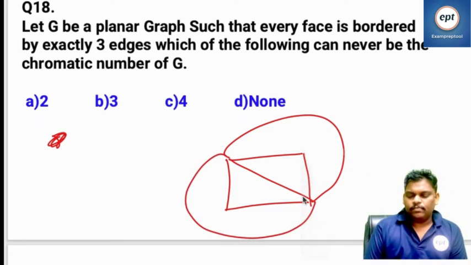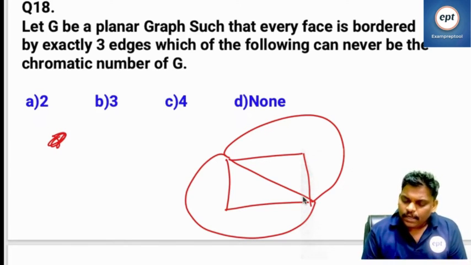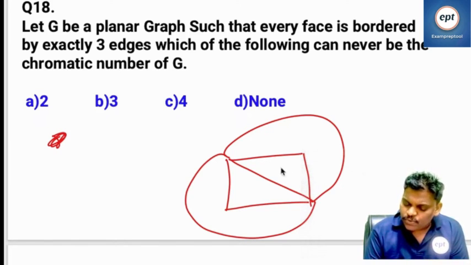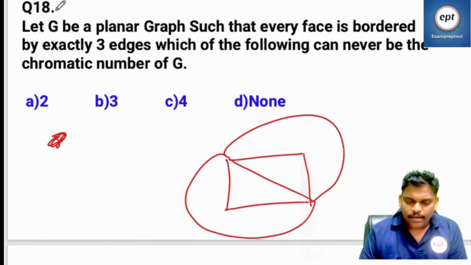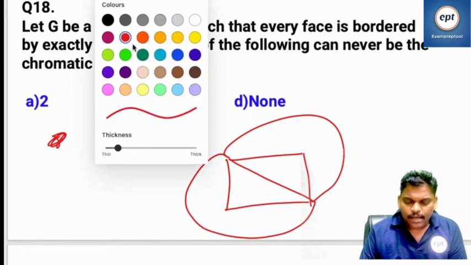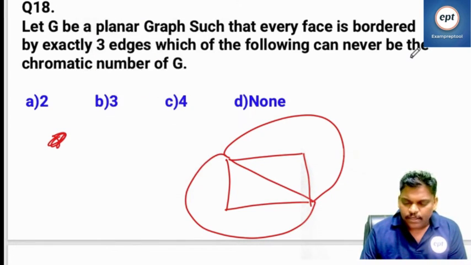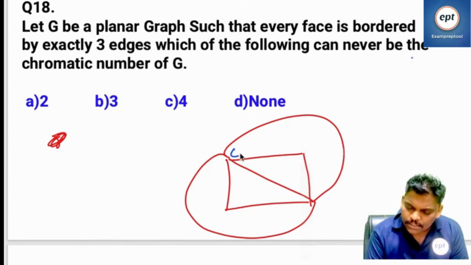When every region has degree 3, there is a triangle. When there is a triangle, 3 colors are compulsory: C1, C2, C3.